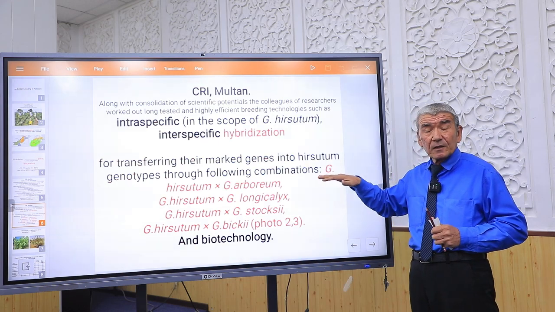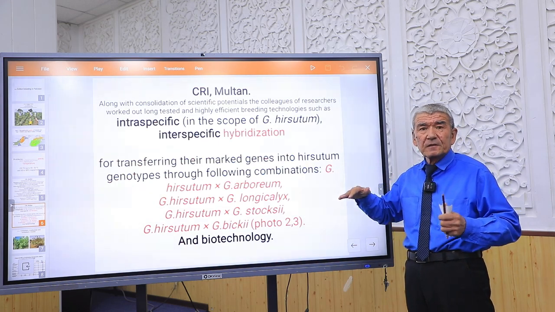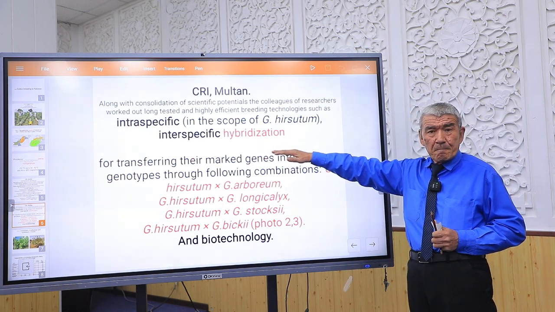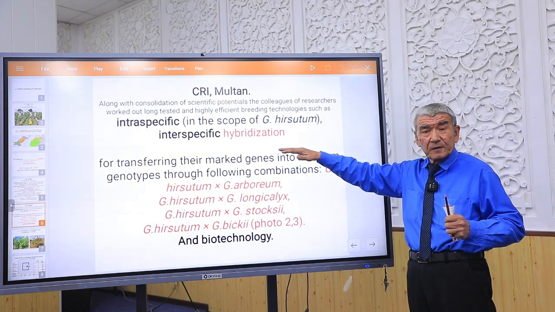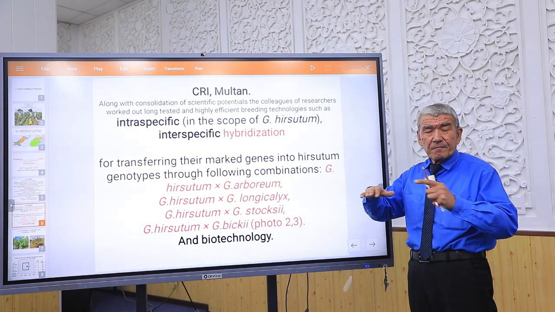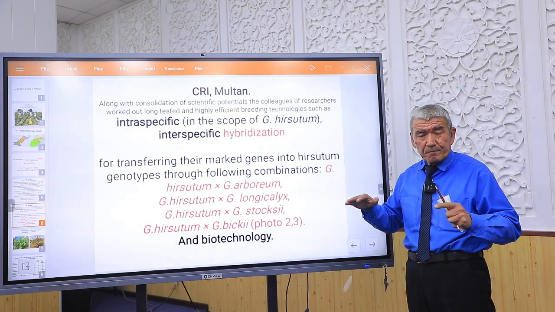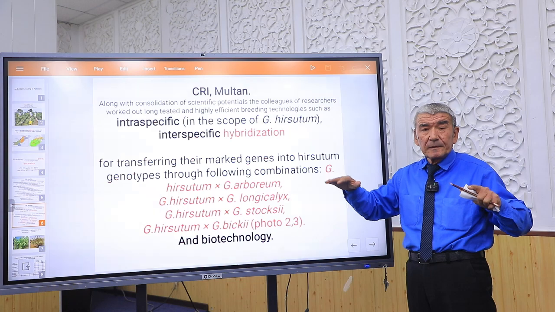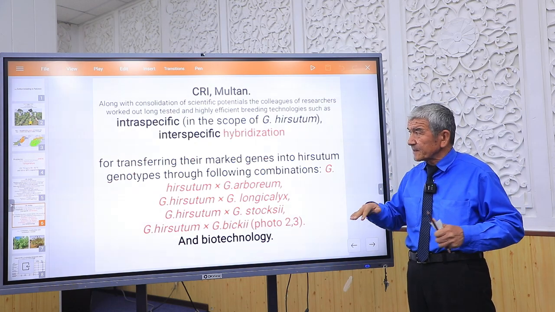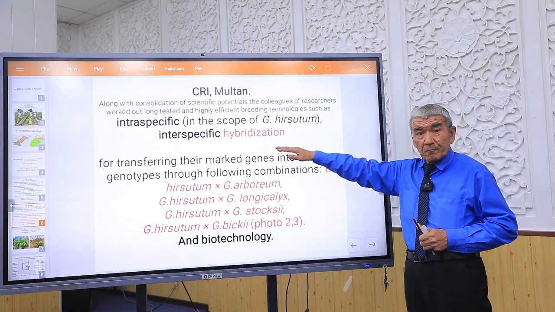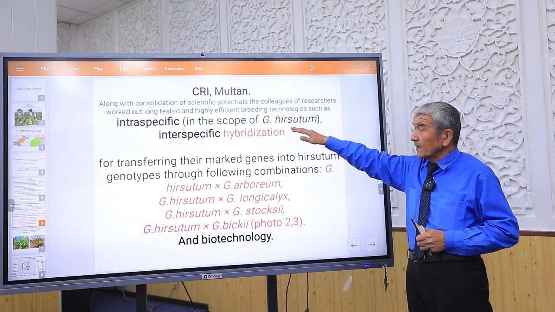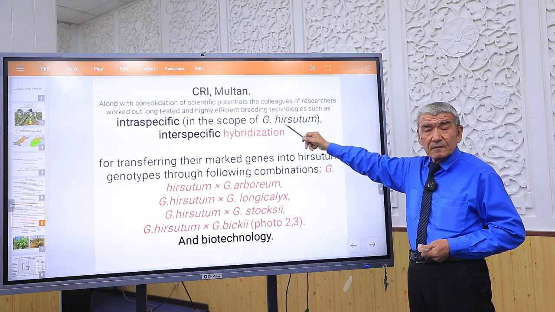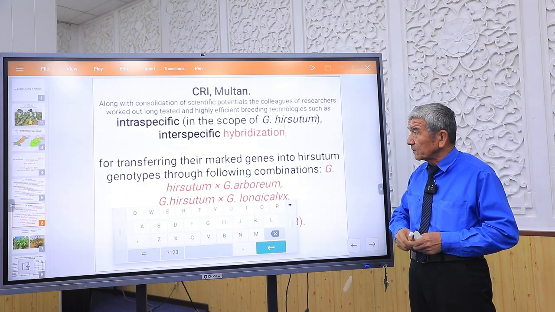To solve the above mentioned problems in the growing of cotton in Pakistan, the scientists prioritize certain plant breeding methods. They are intraspecific, which means using varieties within one common cotton species. Mainly, as in our country, they grow the cotton species Gossypium hirsutum.